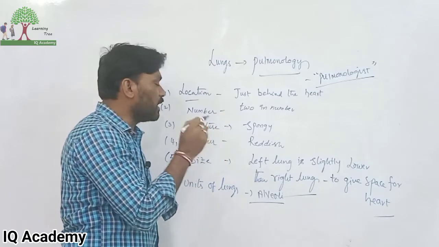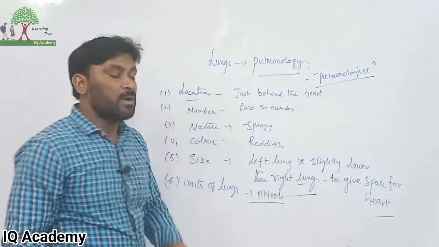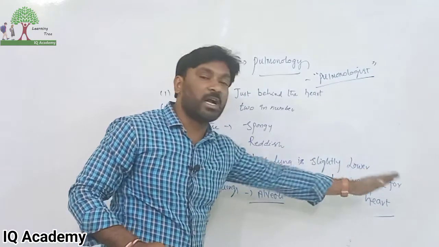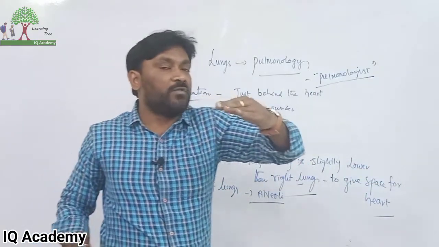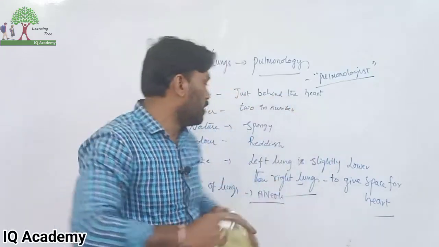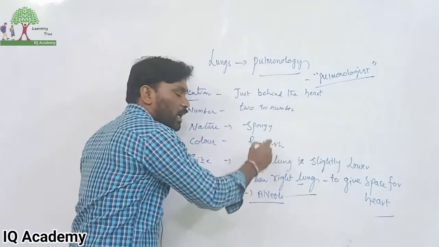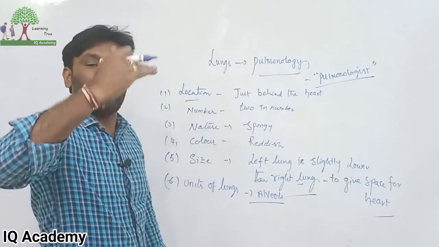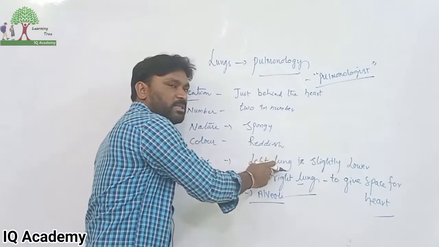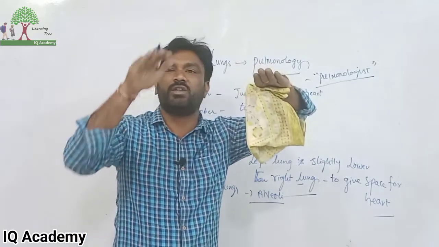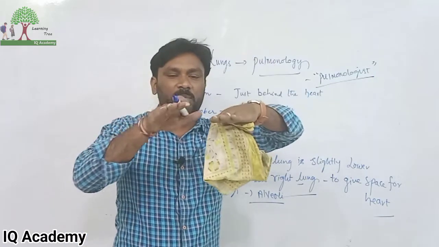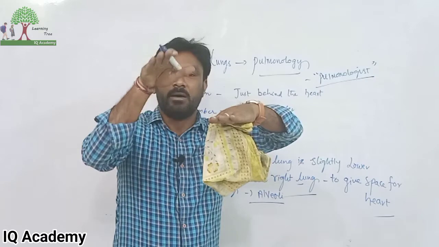What is the reason for this? In order to give space for the heart, which is placed on the upper surface of the left lung, the left lung is somewhat lower than the right lung.